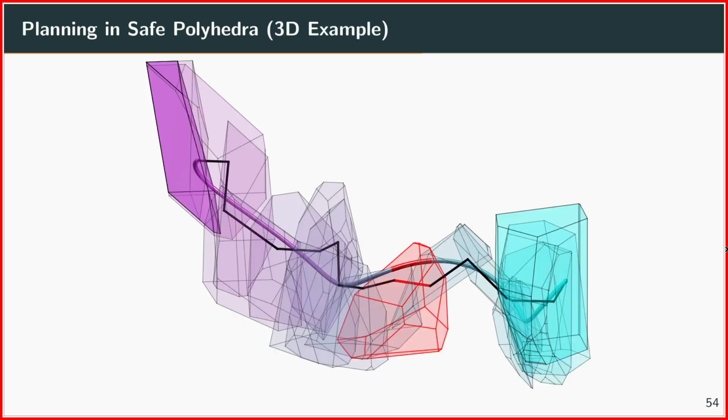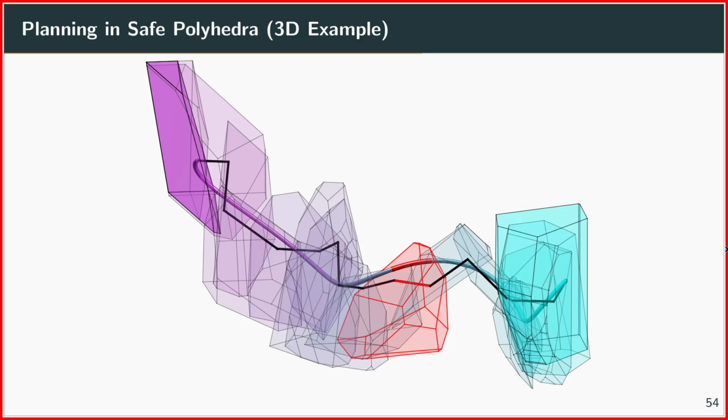And this even works for the 3D case. You might not see this perfectly here, but those are 3D polyhedra, which are safe regions in your configuration space, in your workspace, for example. Then in black you have a zigzag path, which might be the output of a sampling-based planner.